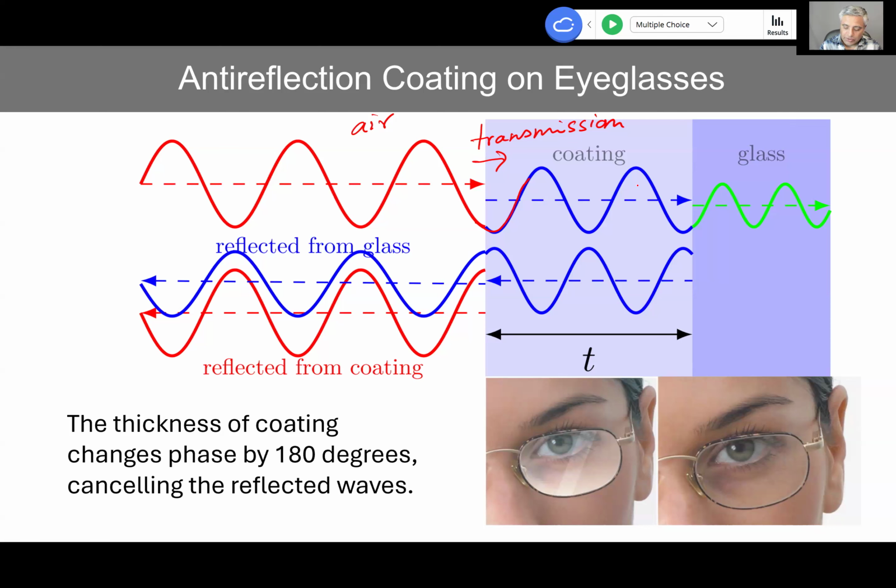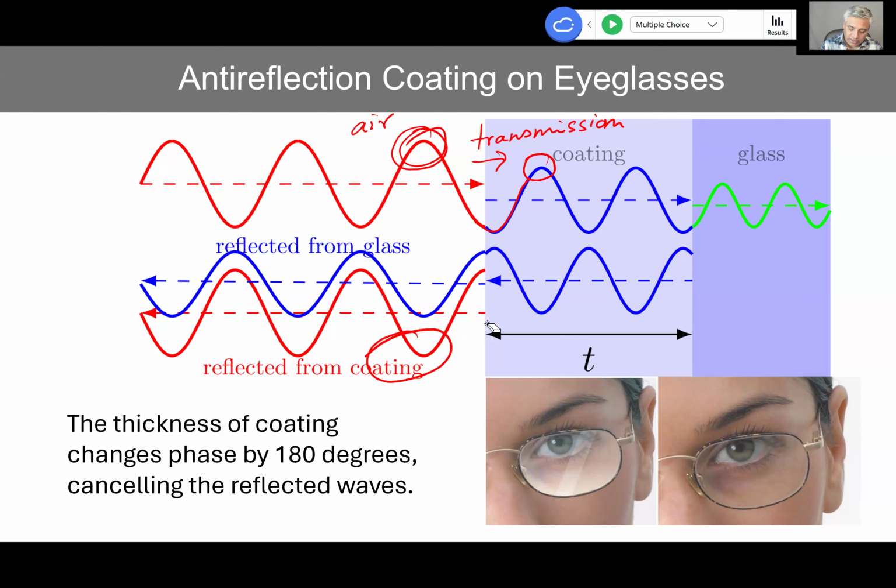And so this is transmission or refraction. That means there is no phase change. That's why it was coming with the hump on the top, and now it is also going with the hump on the top. So that's what I'm drawing as the same phase. And the one that gets reflected from here, I'm drawing as a red wave over there.